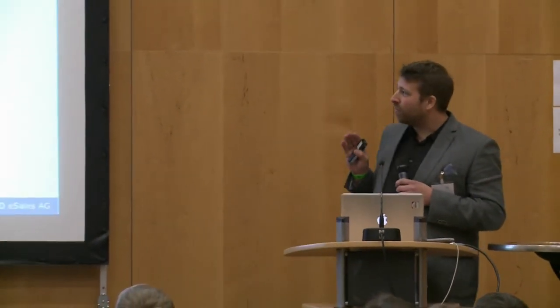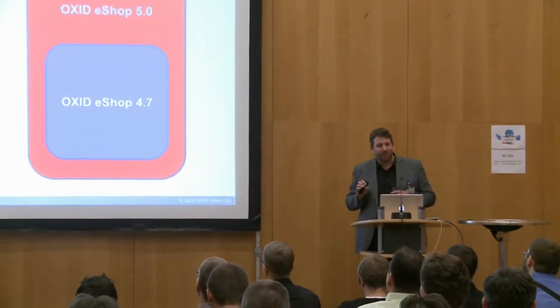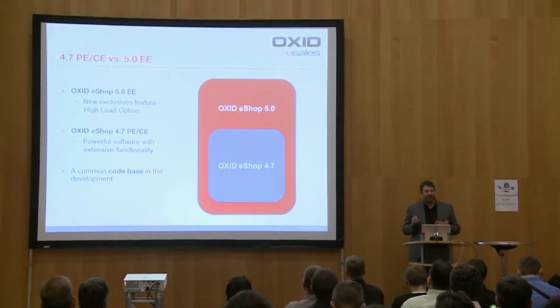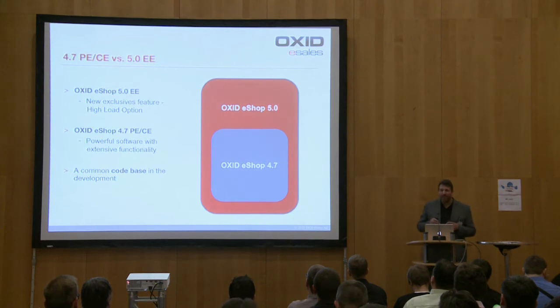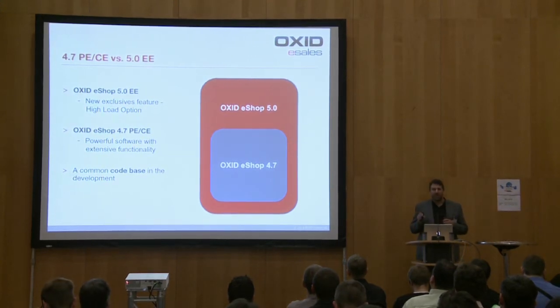Before we go to the features and to the high load option, I want to clarify a kind of confusion out there. People still ask me, why do we now have 2 versions, 4.7 and 5.0? Actually, there aren't 2 versions. There's basically the same core version. However, the main feature of the 5.0 is this time an Enterprise Edition only feature.